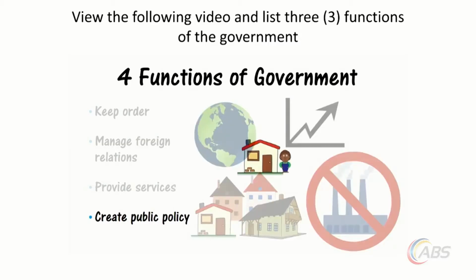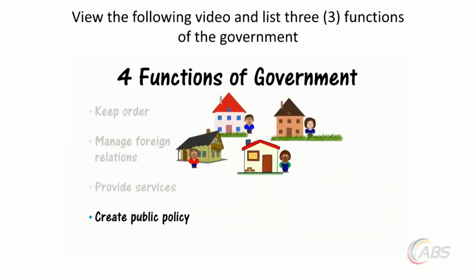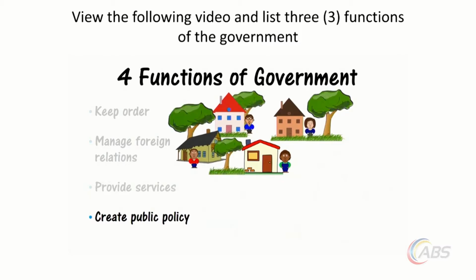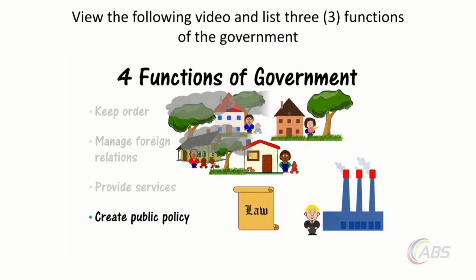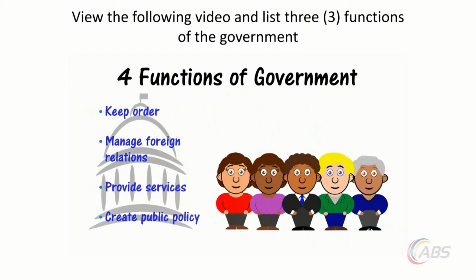For example, Carla and all of her neighbors can be as environmentally responsible as possible to maintain clean air for their kids, but pollution from Henry's factory will still ruin the air for everyone. Therefore, the government will create a public policy that protects people's interest in having clean air. Overall, government performs numerous functions in order to improve the quality of life for citizens.